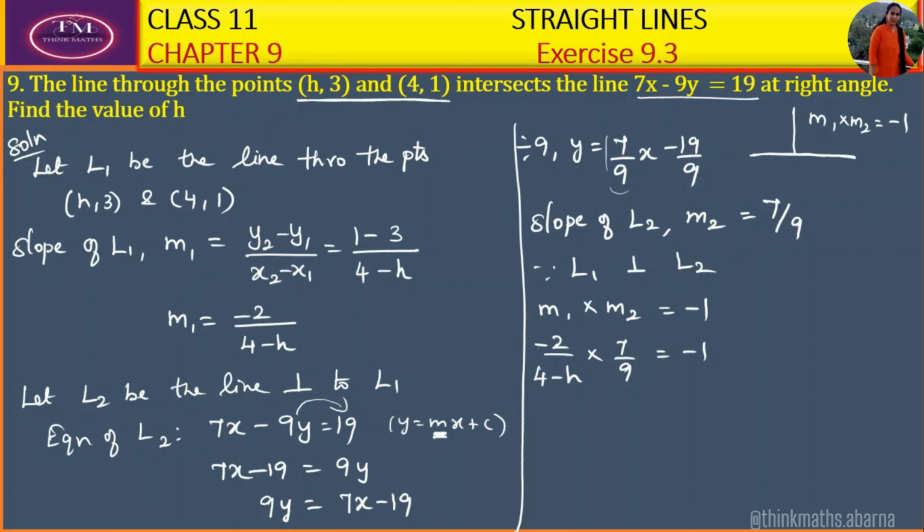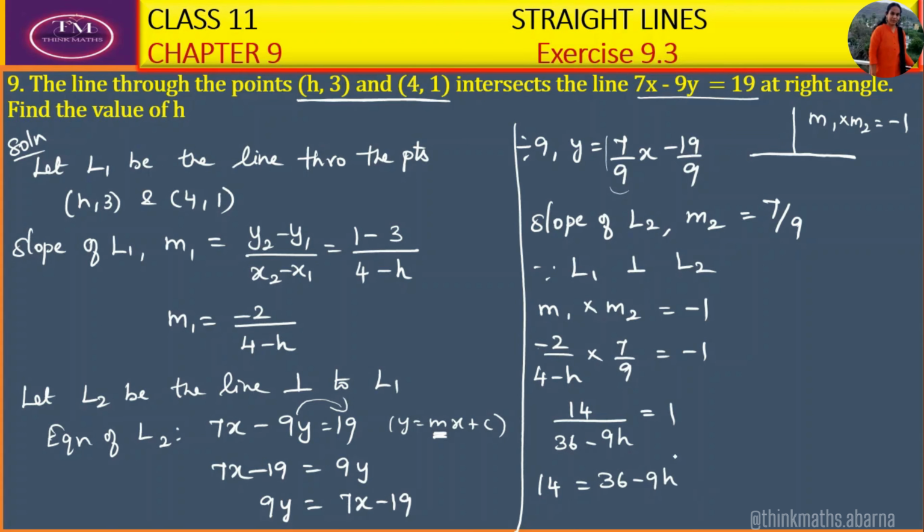So on both sides the negatives get cancelled. So 2 into 7 is 14 divided by, multiplying by 9, 9 fours are 36 minus h into 9 is 9h, equal to 1. So just cross multiply. 14 will be equal to 1 into 36 minus 9h.